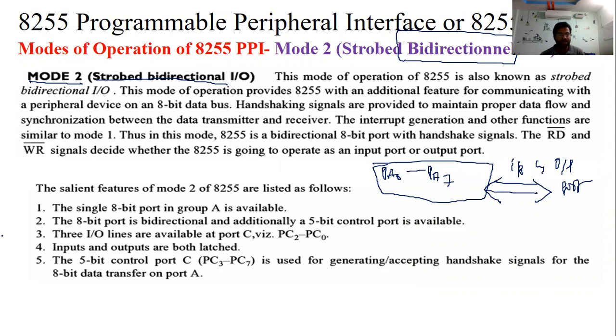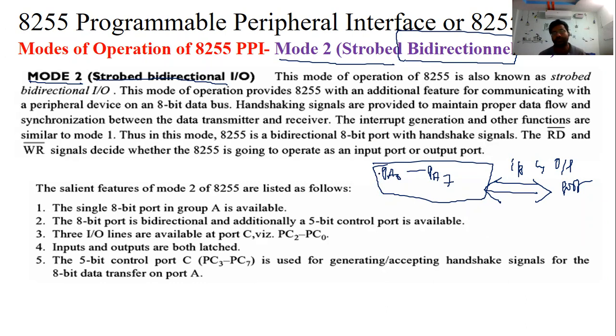In mode 1 and mode 0, the port works either as an input port or an output port. But in mode 2, strobed bidirectional, only port A is available, and it works as both input and output at the same time.